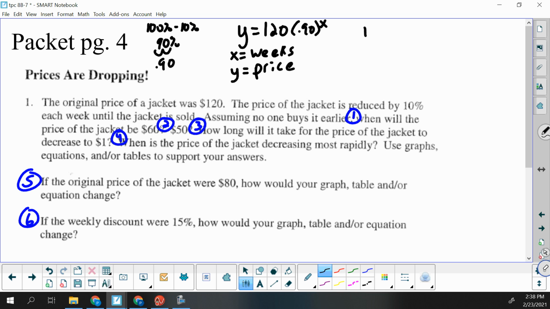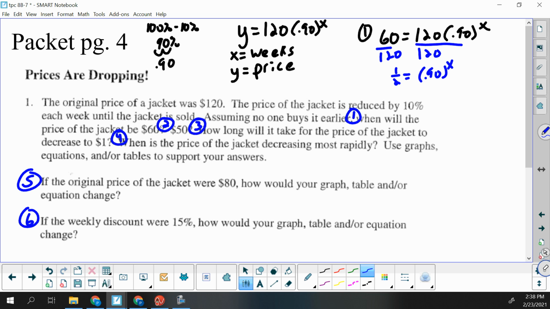So for the first question, when will the jacket be $60? We want to put 60 in for y, and we need to solve for x. So we'll divide by 120, and that's going to give us a half is equal to 0.90 to the x. We're solving for x in the exponent, so we need to do a log.